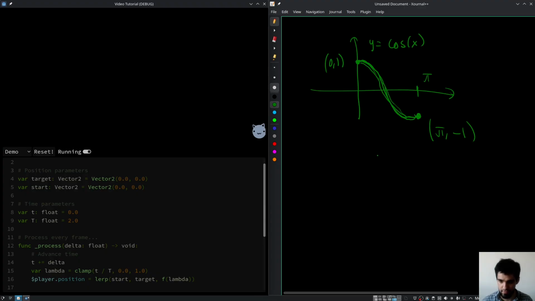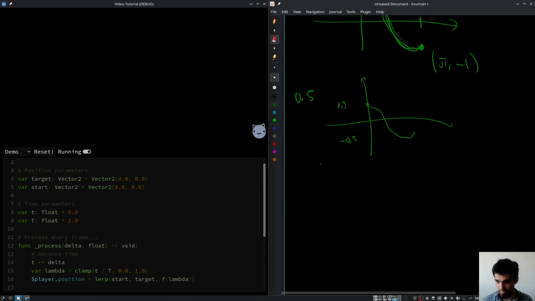So, if we multiply it by 0.5, it's now going from like 0.5 to -0.5. If we multiply x by pi, now this is going to be 1 here instead of pi.